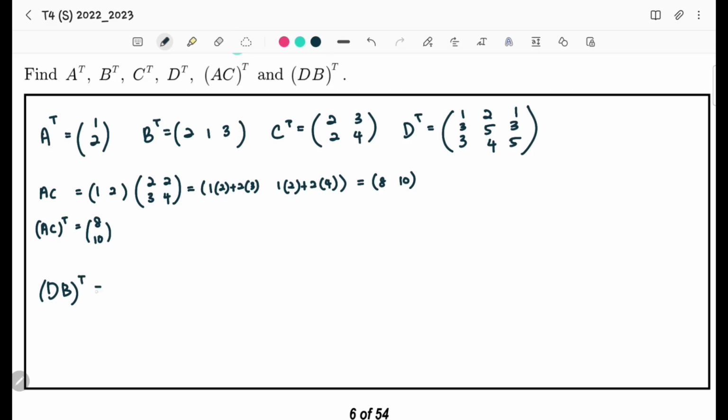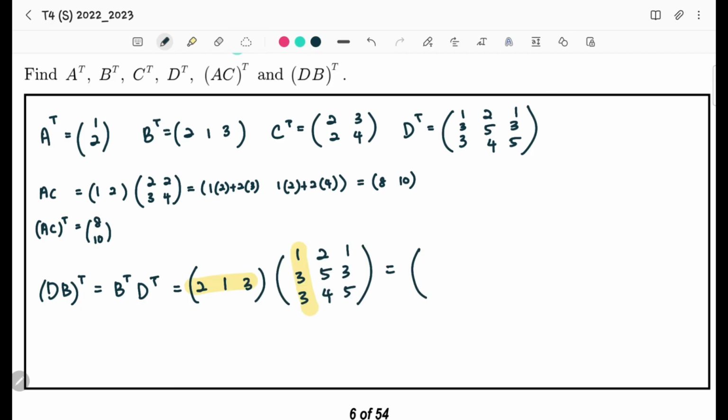Then let's find DB. I'll just use the property. So DB transpose is equal to B transpose times D transpose. So 2 times 1 plus 1 times 3 plus 3 times 3, you will get 14.